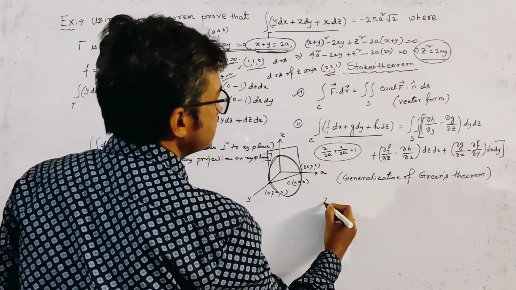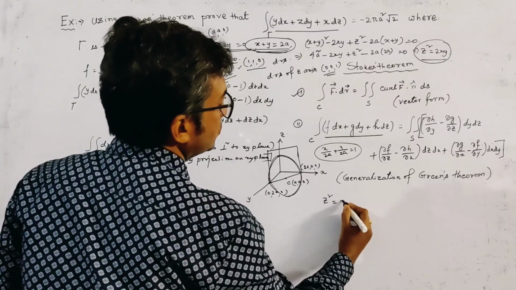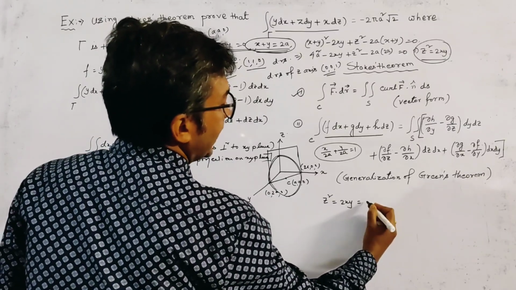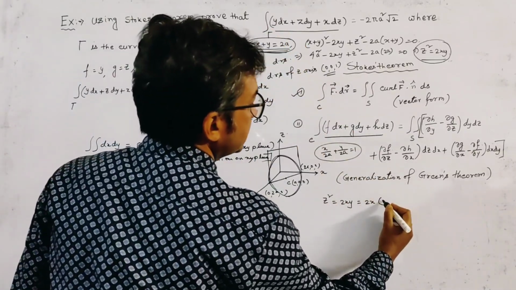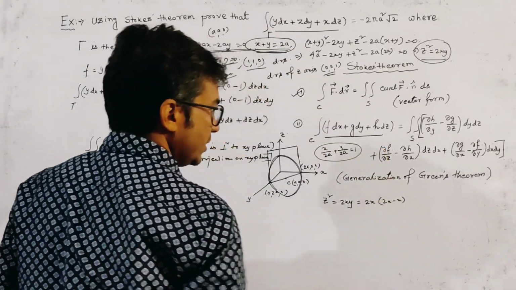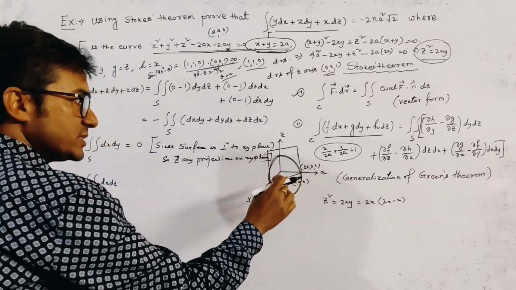The intersection is z square equal to 2xy, and we put here y equal to 2a minus x, because this is in the xz plane.